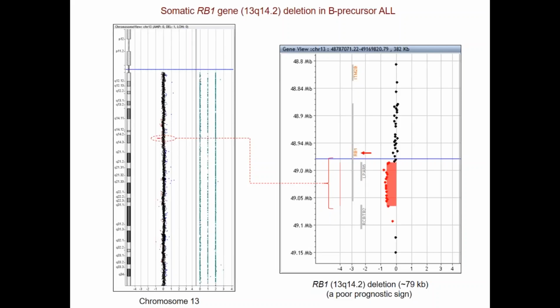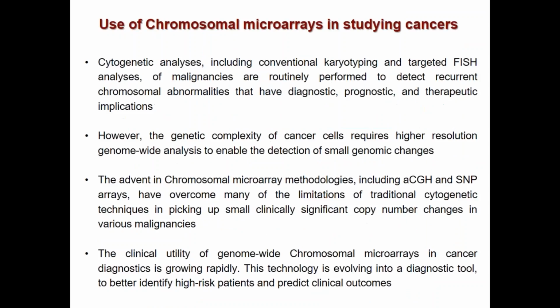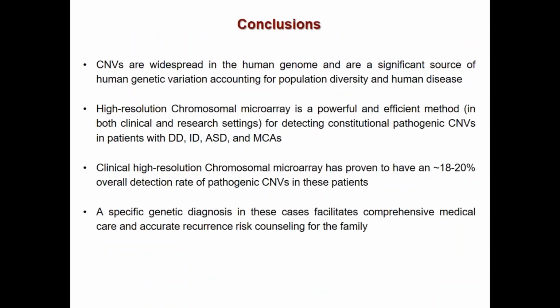Within the whole arm loss, there is a homozygous deletion nested within it, for two clinically significant tumor suppressor genes, CDKN2A and 2B. There is also a distal duplication in the long arm of chromosome 9.